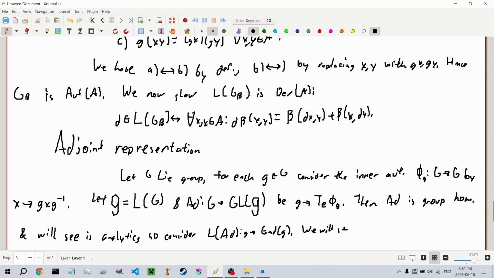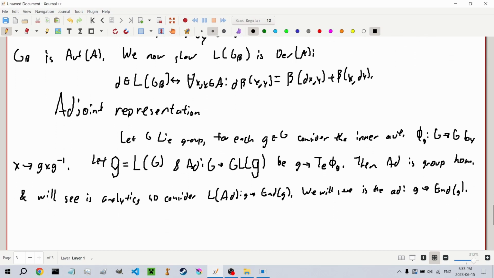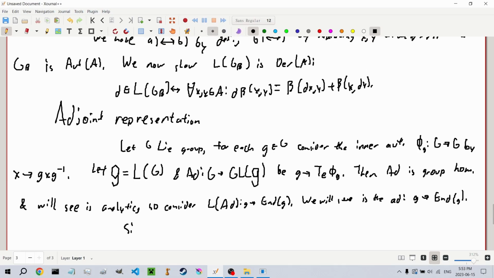We will see it is the adjoint from G to endomorphisms of G. Now, since our capital adjoint is a group homomorphism, we only need to show that it is analytic at E to be analytic everywhere.